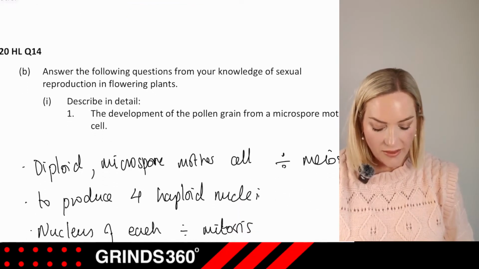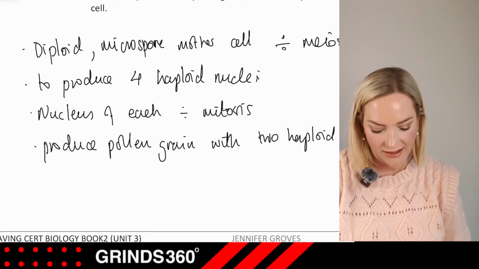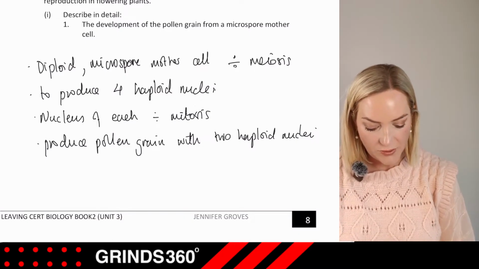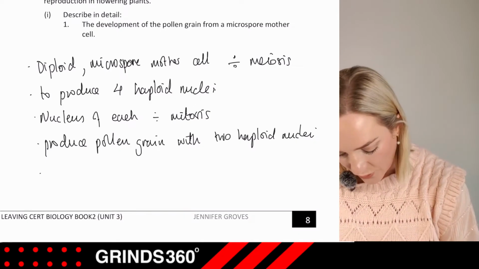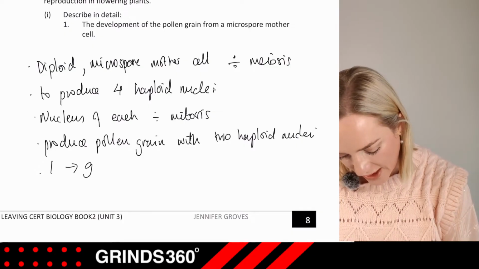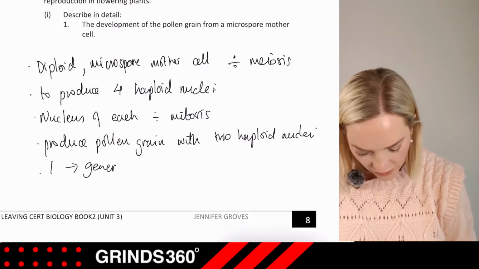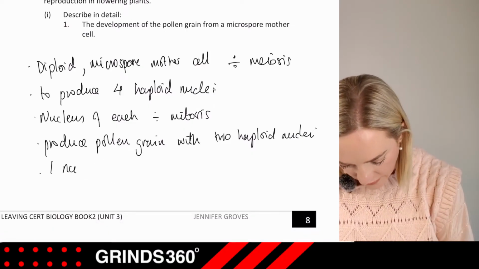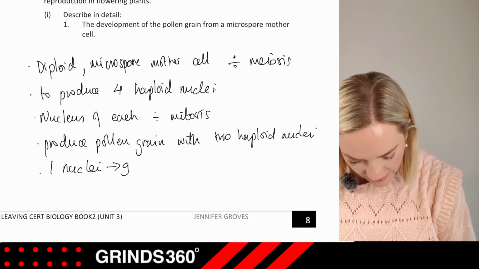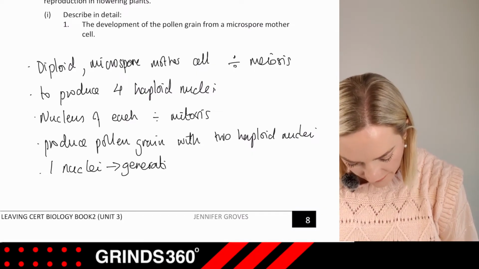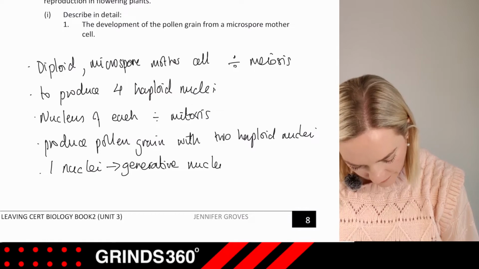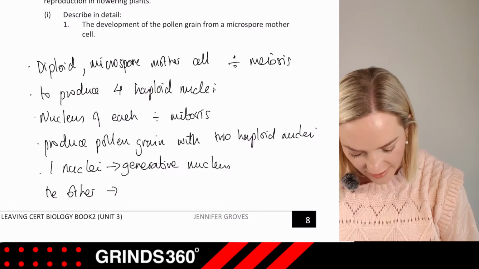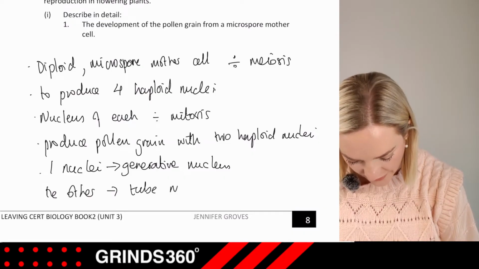So the better answer, in order, is down here: produce pollen grains with 2 haploid nuclei. One is the generative nucleus. The other is the tube nucleus.